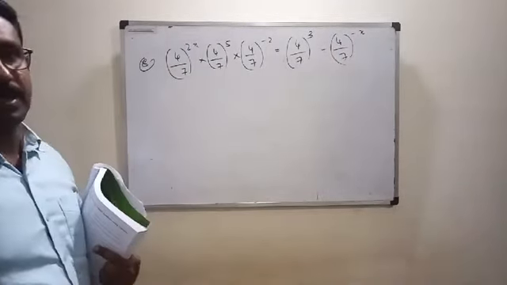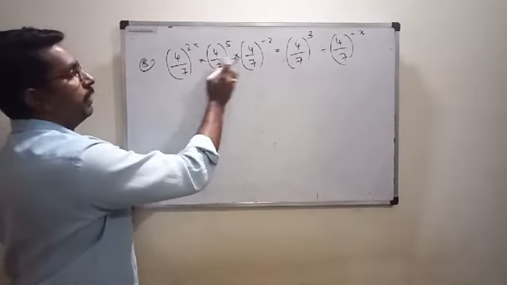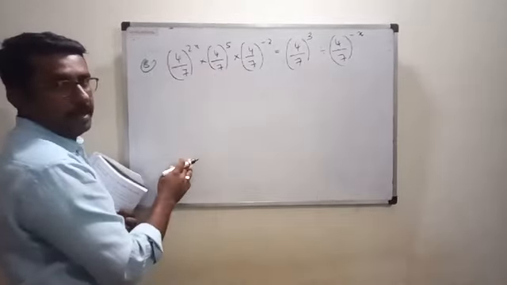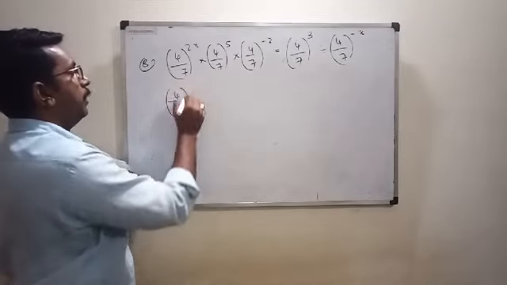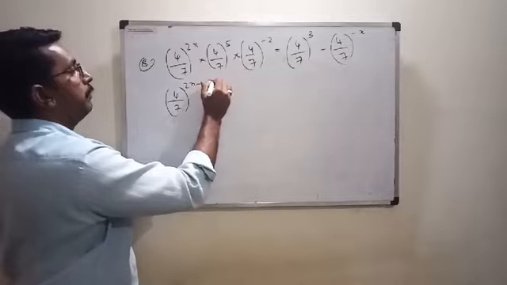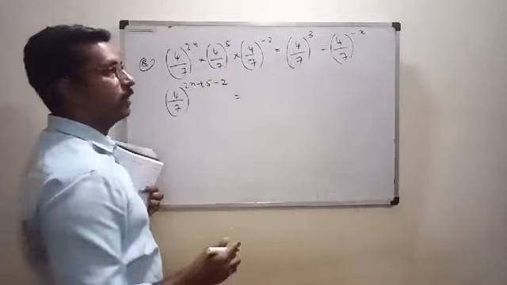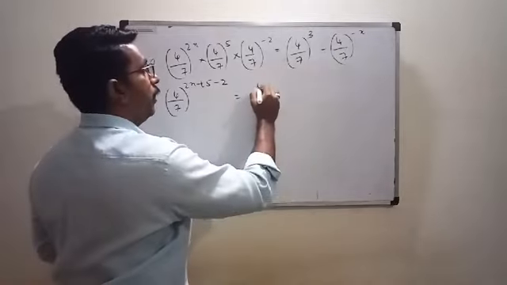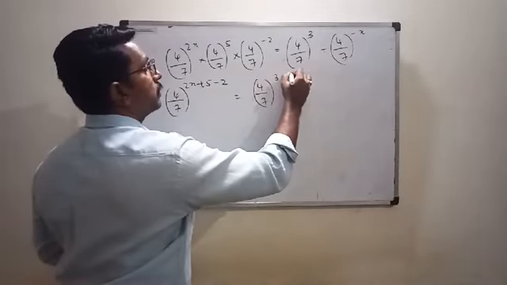Find the value of x. Look at this one. Same base we are multiplying. Product law can be applied here. So (4/7)^(2x+5-2) is equal to, here same base we are dividing, so quotient law can be applied, (4/7)^(3-x).